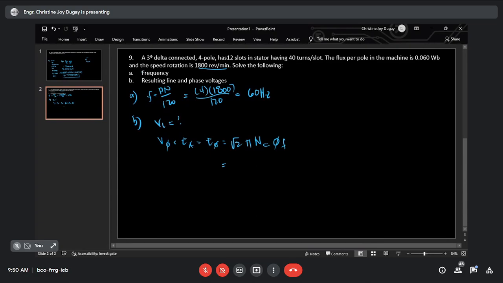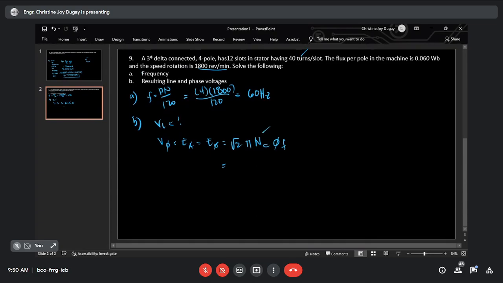Meron po ba tayong N? Meron. We have 40 turns per slot. And then, ang flux natin, meron na rin. And then F natin, which is equal to 60. So, that is E phase natin, that is equal to square root of 2 pi.